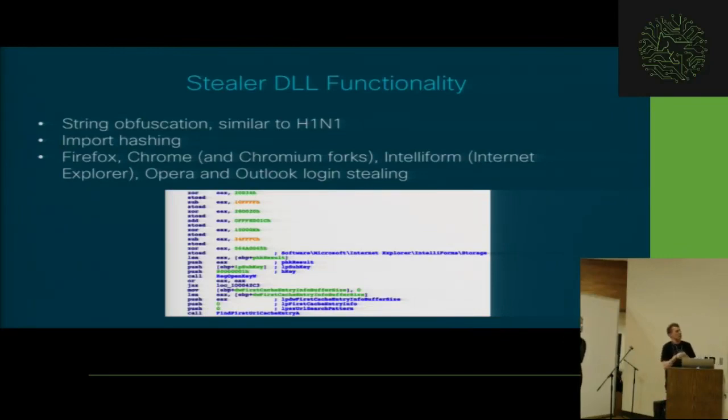With all the other browser variants, you can use a Windows API. I think you have to be administrator and logged in as the user, but then you can just use, I think it's the CryptUnprotectData API on Windows, to decrypt your passwords. And they do this prior to sending it back to their command and control server.